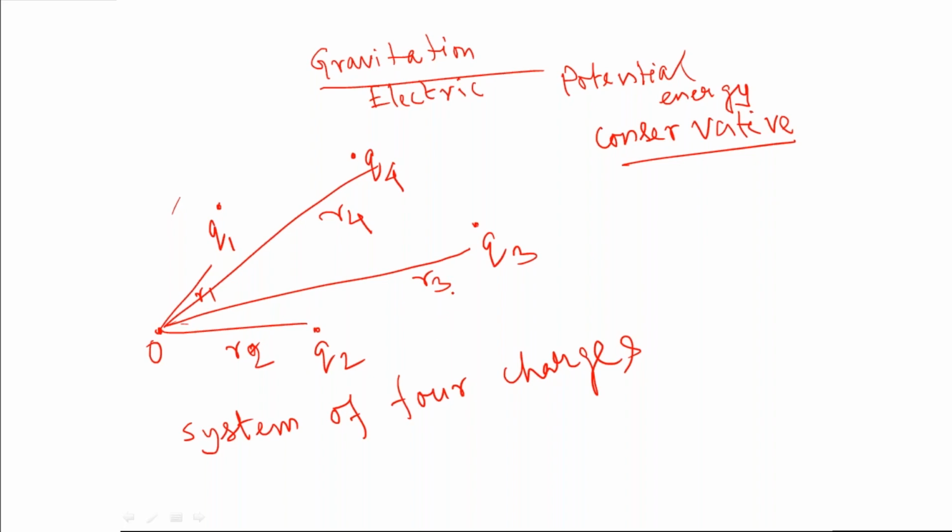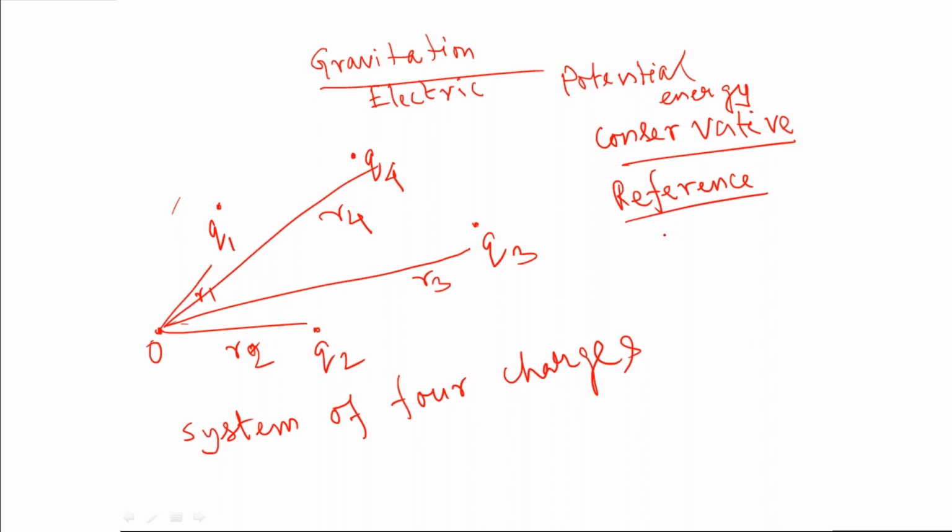So what is the definition of potential energy that we have learned already? Whenever I talk about potential energy, you have to have some reference point. Nikhil, can you tell me what reference we have taken? Reference means where the potential energy is zero.